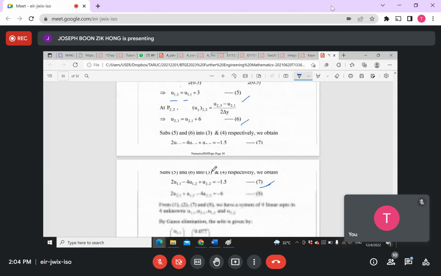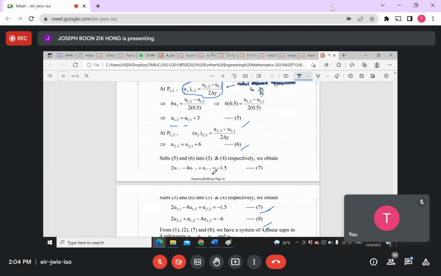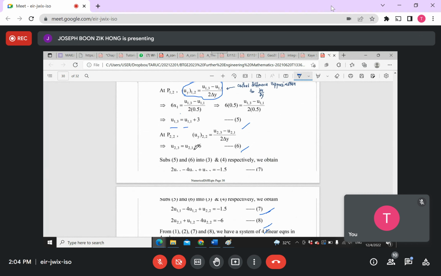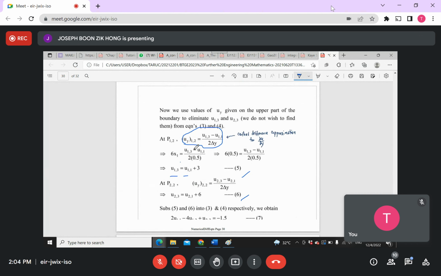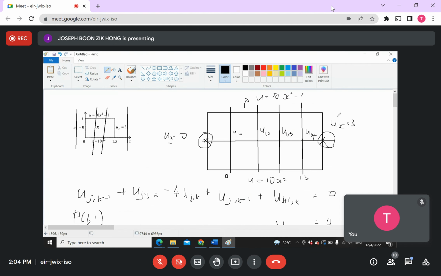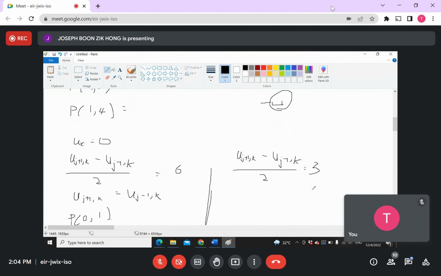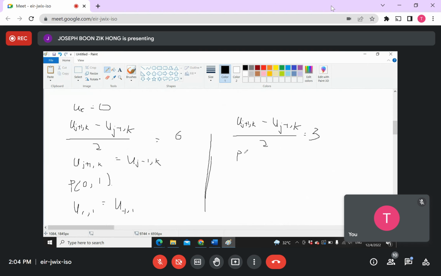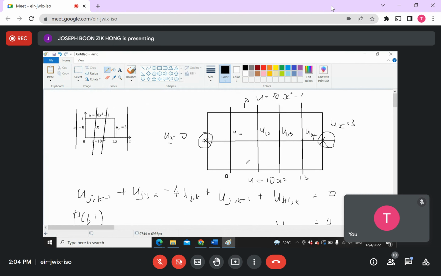U2, 3. Yeah, U2, 3. Okay, I continue first, see whether I will get or not. So this one is equal to 3. So that means at P of this one is 0, 1, 2, 3.